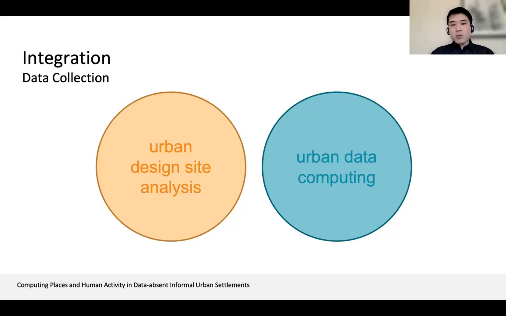At the same time, we do have some urban data sources coming from open sources or web scraping and other techniques used for data mining. So the challenge here is how can we combine these two types of data or information together in this research.